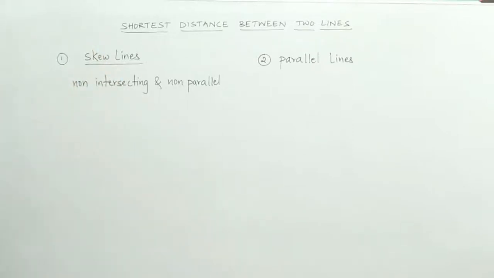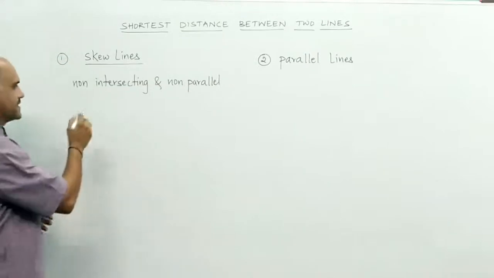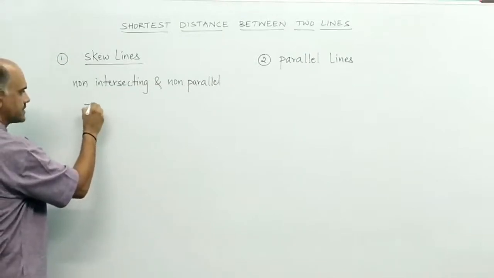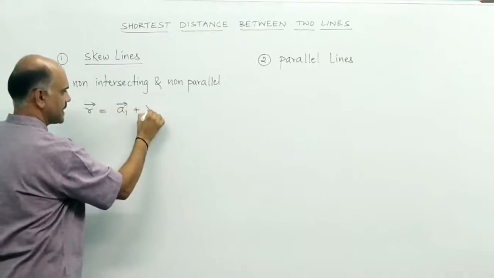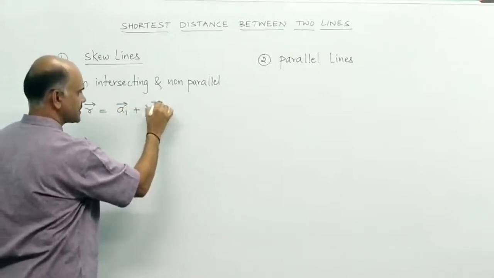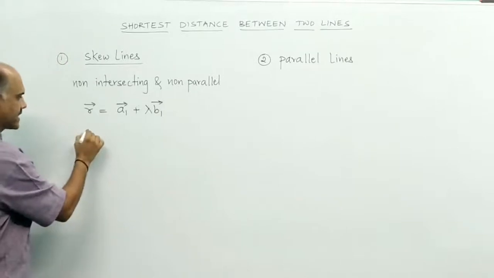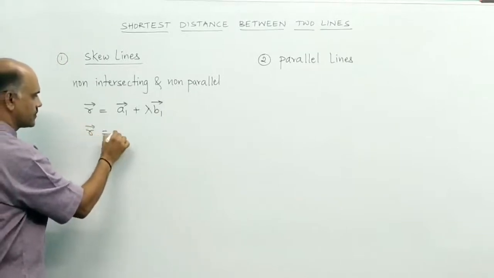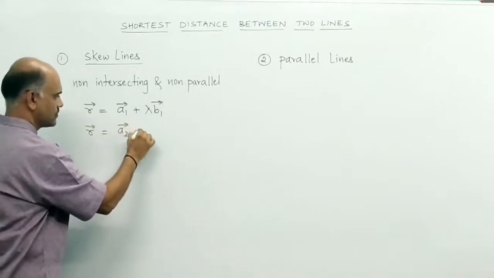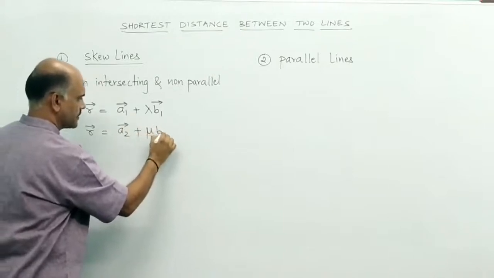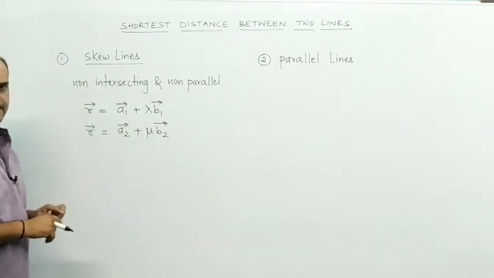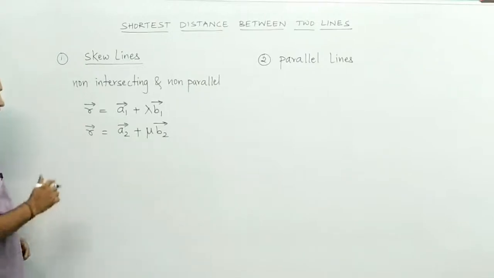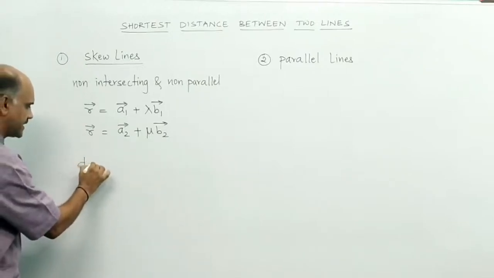The distance formula between these two skew lines: first, I will take the two lines as r is equal to a1 plus lambda b1. This is one line. The second line is r is equal to a2 plus mu b2. The distance between these two lines, the shortest distance, I will denote by d.